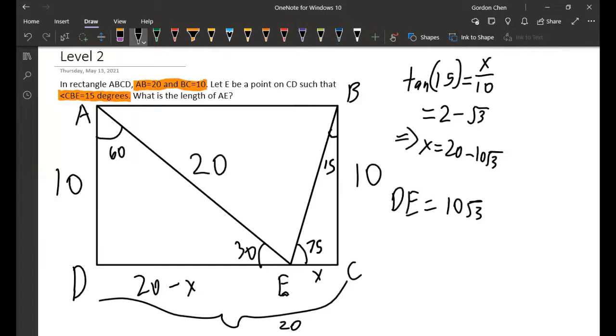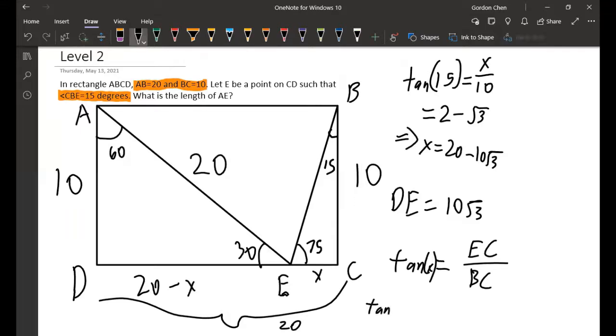So first, we take the tangent of the 15-degree angle. For those who don't know what this is, it's the opposite side, which in this case is EC, divided by the adjacent side, which is BC. So tangent of x is the opposite side divided by the adjacent side.